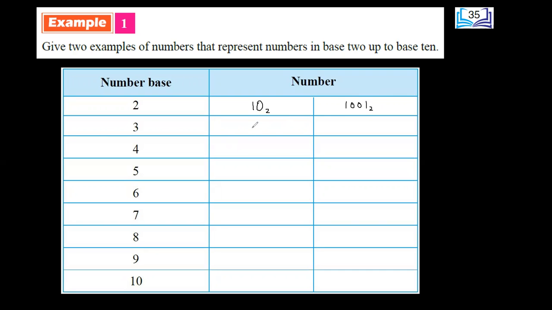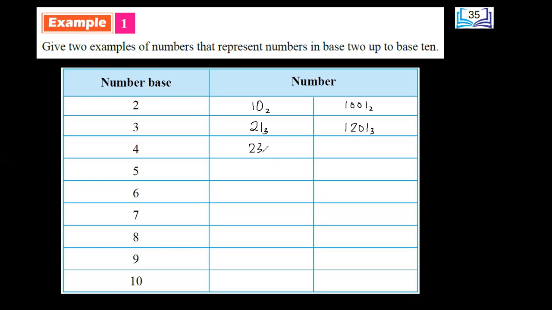For base 3, the textbook gives 21 base 3. So the digit can be 2 now, but you don't see 3. The 3 is the lowercase. Another example is 1201 base 3. You don't see 3, but the digits can be formed by 0, 1, 2.